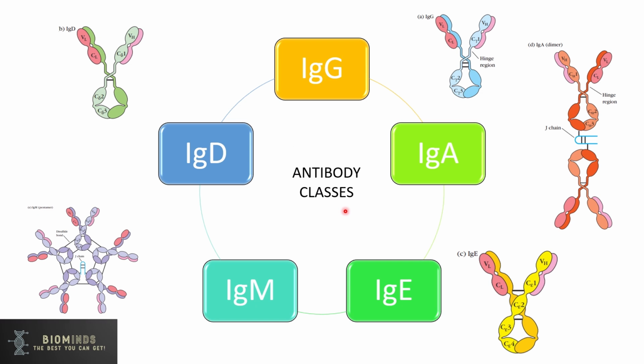Okay, so there are mainly five types of antibodies present in our body: IgG, IgA, IgE, IgM, and IgD. Why is it known as IgG? As we have seen in part 1, the introductory part, the gamma portion of the serum contains the immunoglobulins.